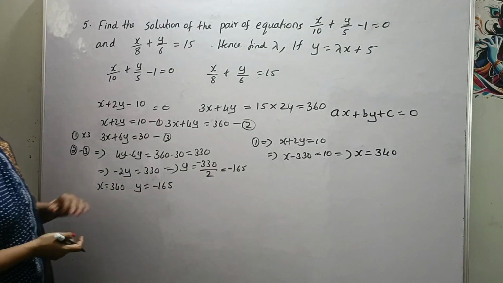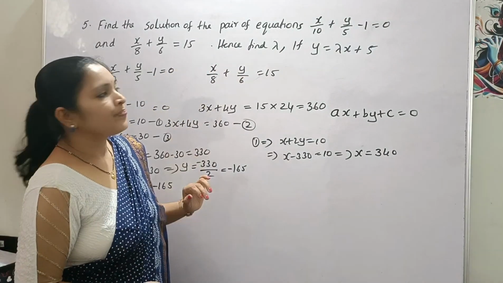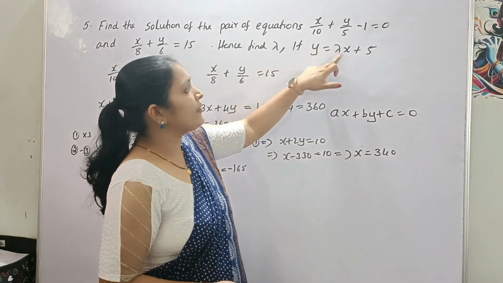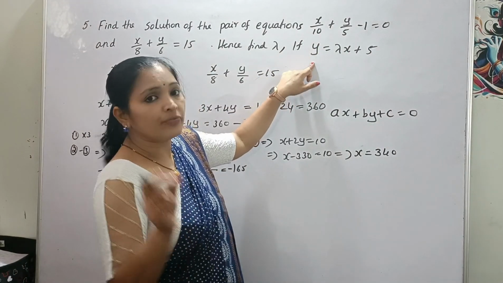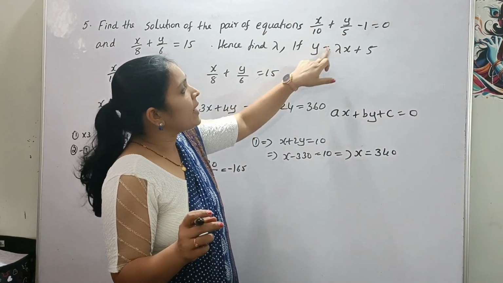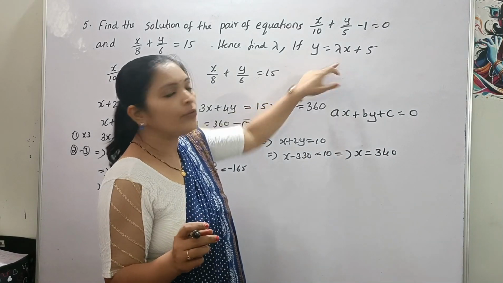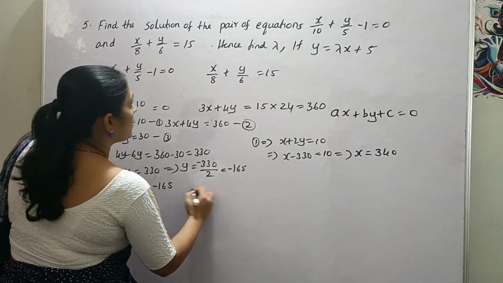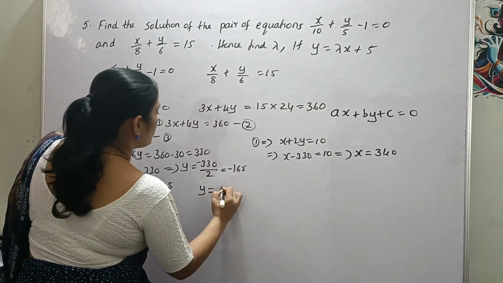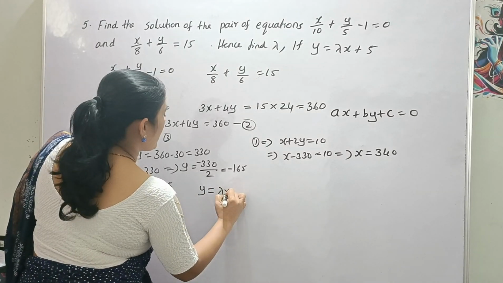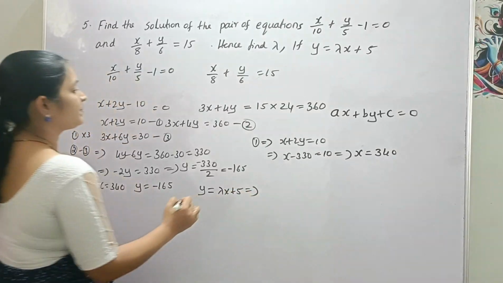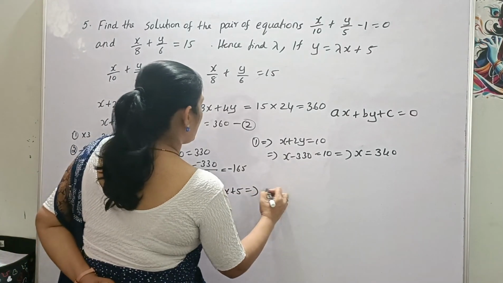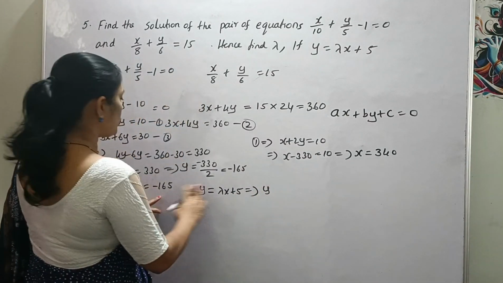Next we have to find the value of lambda. Substitute the values of x and y here and find the value of lambda. So here the equation is y is equal to lambda x plus 5. What is the value of y?